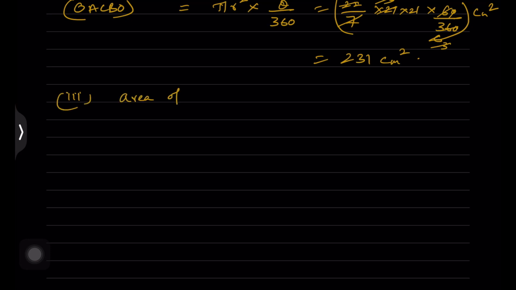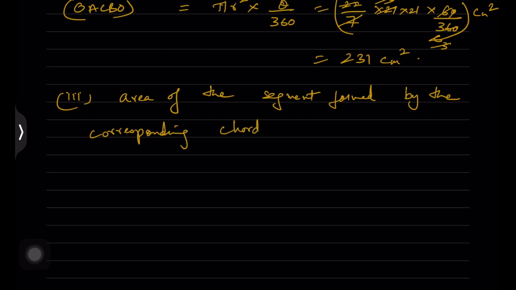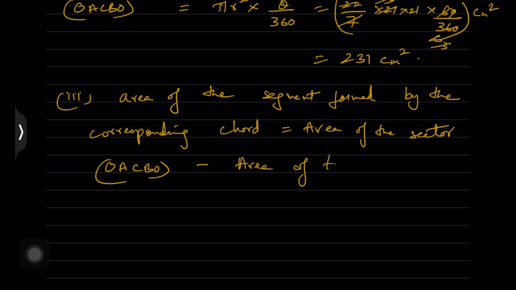Now third, we have to find out what is the area of the segment formed by the corresponding chord. So area of the segment formed by the corresponding chord is equal to area of the sector OACBO minus area of triangle OAB, which is equal to pi r square into theta by 360 minus half into r square into sin theta.